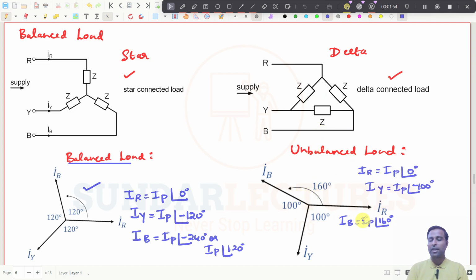If magnitudes are kept constant, even though magnitudes are constant, it has to be 120 degrees apart. Then only we will call it balanced load. Unless both magnitude and phase angles are 120 degrees apart, we never call the load balanced, right? You have to understand the difference between balanced load and unbalanced load.